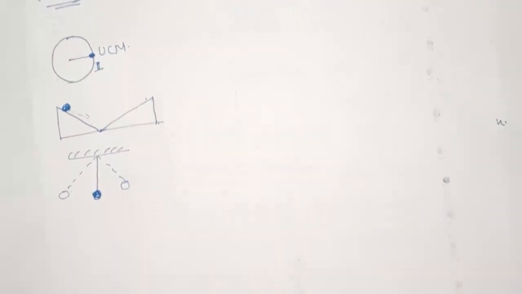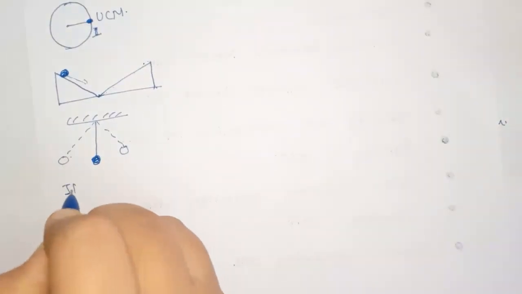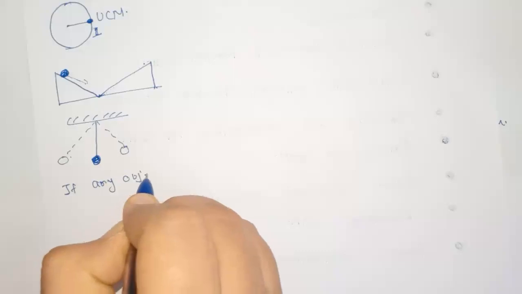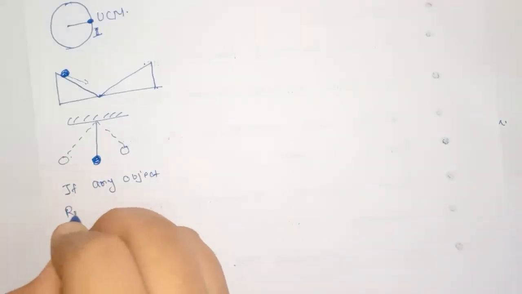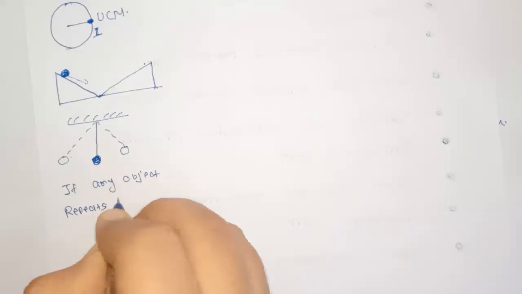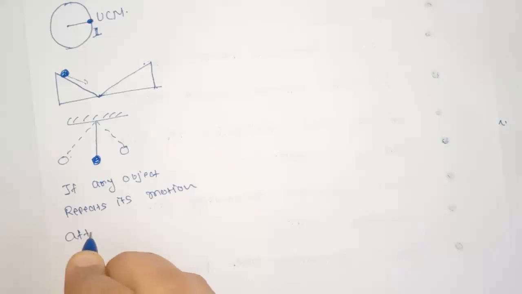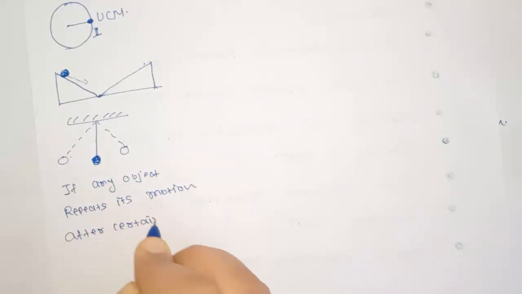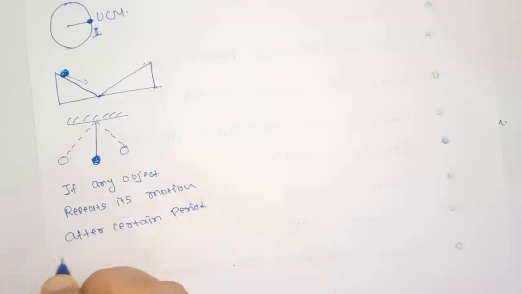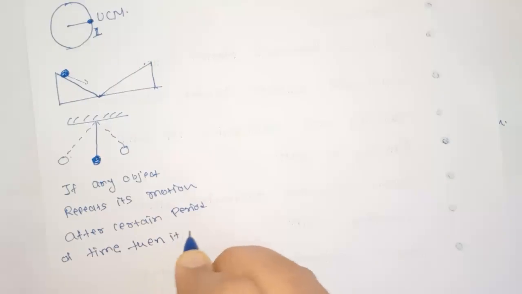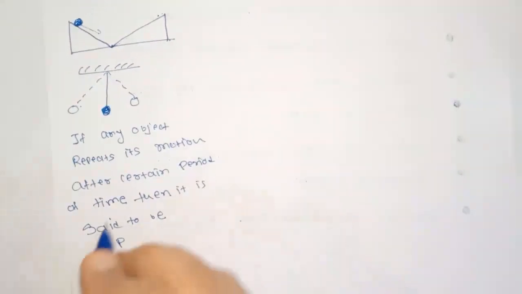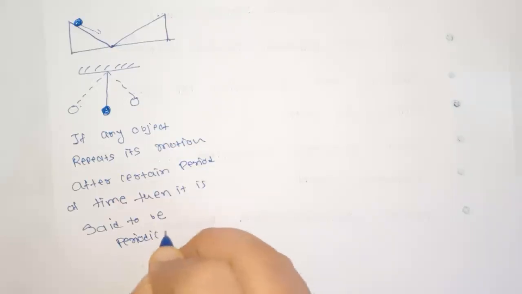So the meaning of periodic motion is, if any object repeats its motion after a certain period of time, then it is said to be periodic motion.